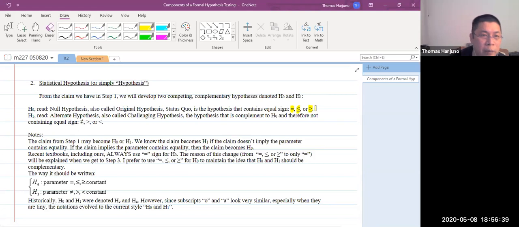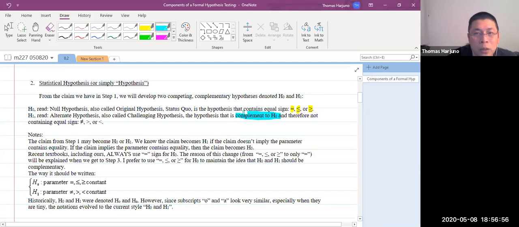Now, the H subscript 1 is read alternate hypothesis, also called the challenging hypothesis. It is the hypothesis that is the complement to the null hypothesis, and therefore does not contain an equal sign.